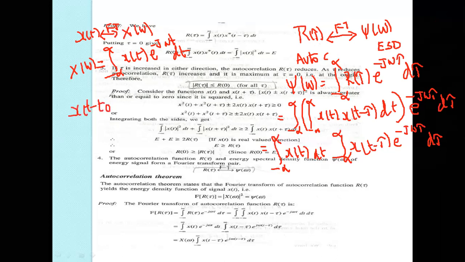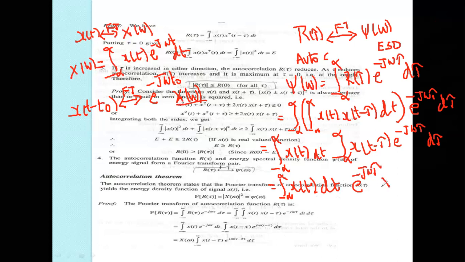For x of t minus t naught, the Fourier transformation is: when the signal is delayed by t naught samples, the frequency function is multiplied by the negative exponential of t naught, whatever samples we shifted, X of omega. Now here in t minus tau, tau samples are shifted. So the integral from minus infinity to infinity of x of t dt, the tau sample shift means e power minus j omega tau, and X of omega.